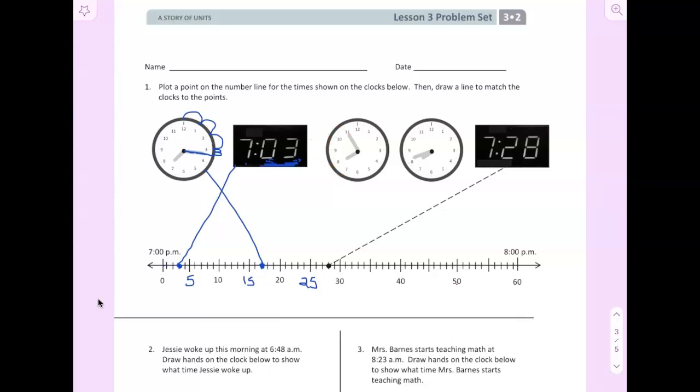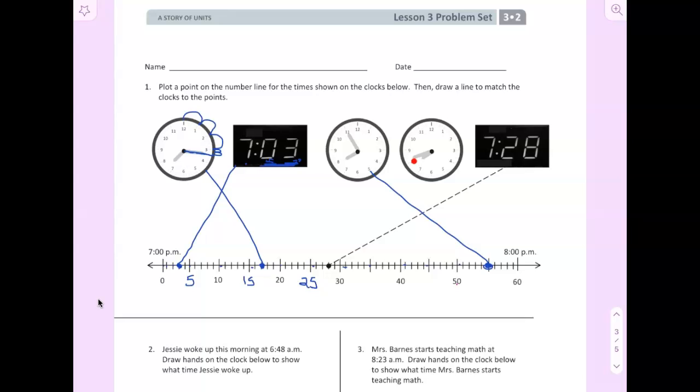So now we're going to go down here and count 5, 10, 15, 20, 25, 30, 35, 40, 45, 50, 55. Or you could count back 60, 55. You could start at 50 and go to 55 if you wanted to. There's lots of different ways to get there, boys and girls. Whatever you're ready for is what you do.